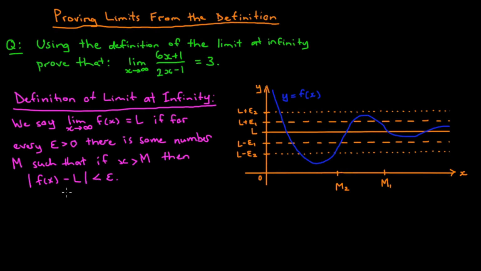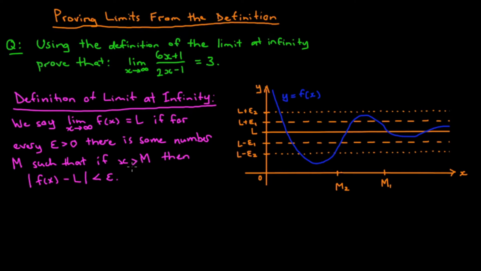So this inequality is the same as saying that the distance between the line L and the blue curve is less than the distance from the line L to the dashed line, and also the distance to the lower dashed line. And that means that the blue curve is between the two dashed lines.